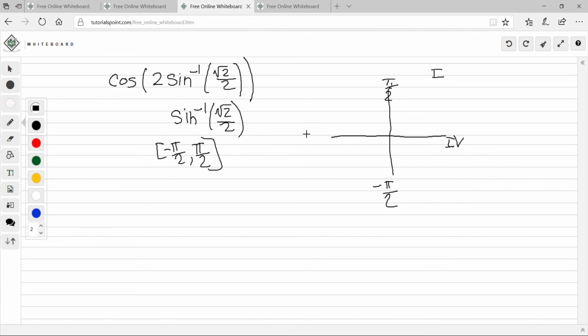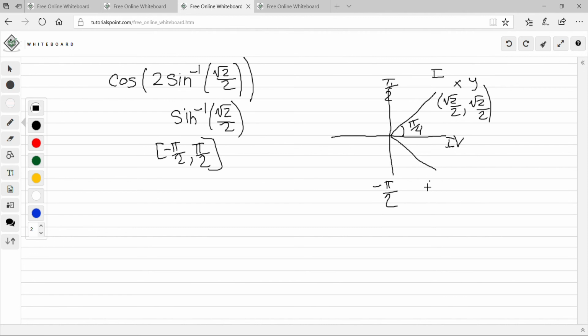So what angle in radians is going to give you sine of positive root 2 over 2? I think that is pi over 4, because it has coordinates of root 2 over 2, comma, root 2 over 2. So yeah, sine is basically the y value, so pi over 4 works.